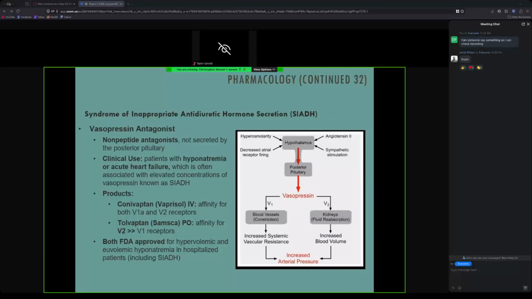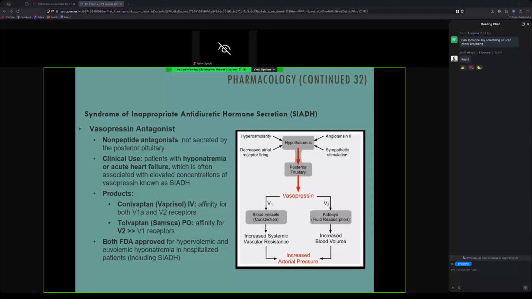So vasopressin antagonists now. And I remind you on the slide there, we're just going back to normal physiology on the right. It's a repeat from when we started this section. So the vaptans as a class, and we call them the vaptans because that's their suffix, conivaptan and tolvaptan. So Vaprisol or Samsca, one's IV, one's PO.